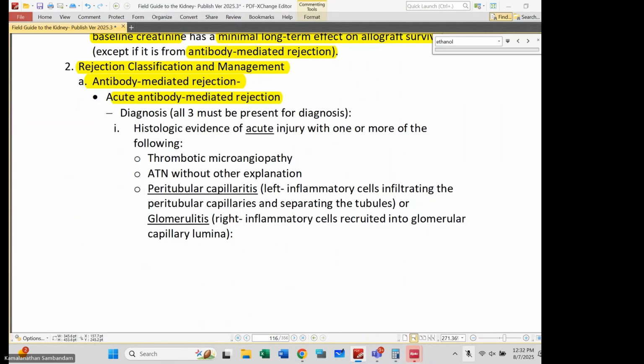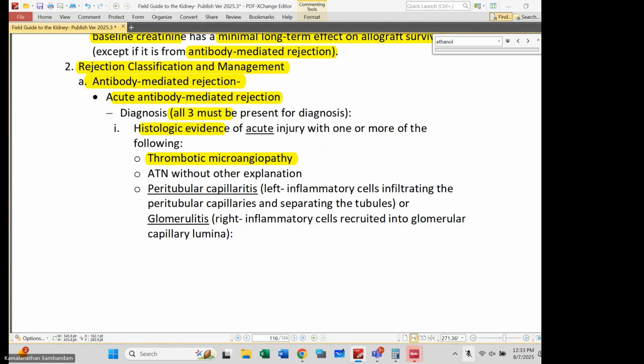So acute antibody-mediated rejection, how do we define that? Well, all three of the following must be present. I should have histologic evidence of acute injury, okay, with either TMA. So let's start backtracking here. If you have TMA on a kidney biopsy, one possibility is that's a manifestation of acute antibody-mediated rejection.